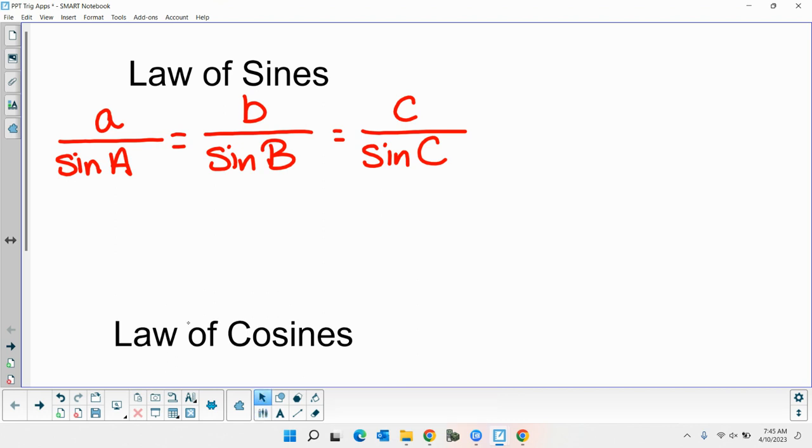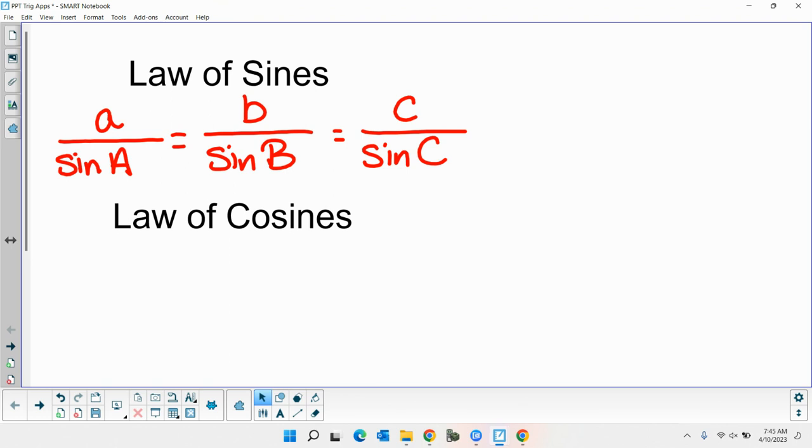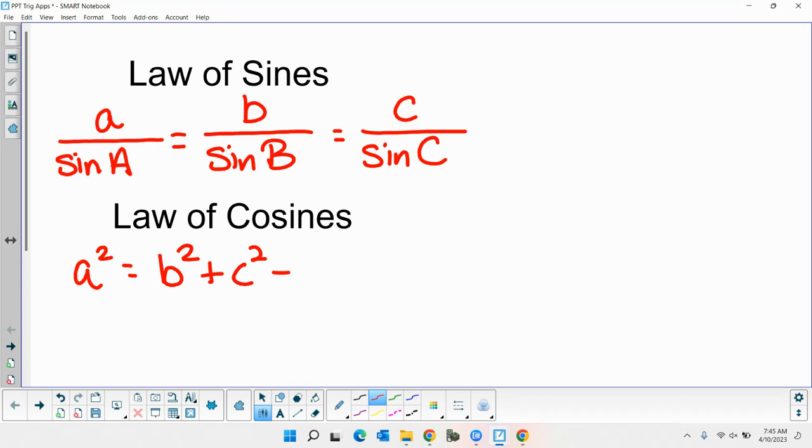All right, then our law of cosines, just to review them quick. Depending on which information we're given, you got a squared equals b squared plus c squared minus 2bc times the cosine of angle A. Or, like if we got side angle side and angle A was the angle they gave us, we would have used this one, right?